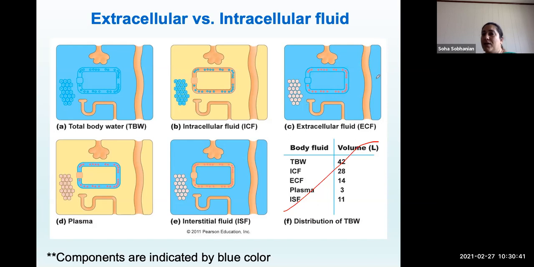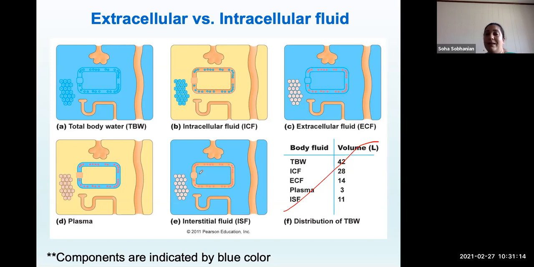The extracellular fluid is basically everything depicted in blue, the fluid found around my cells or outside my cells. Remember this little structure right at the center, that was your cardiovascular system, right? The fluid or the water that is found inside your bloodstream is called plasma.